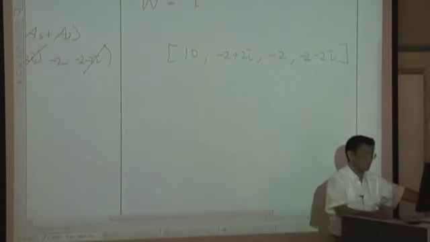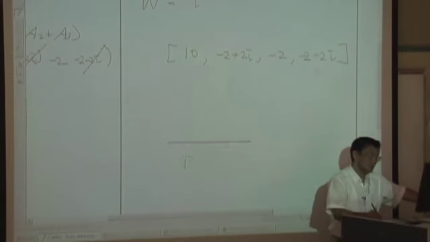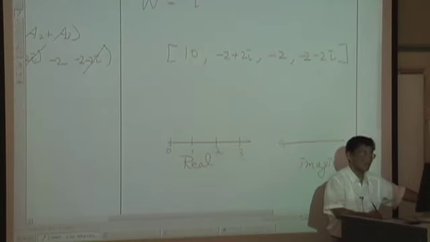And now we will have the spectrum: the real part spectrum, and then the imaginary part spectrum. The real part spectrum has frequency 0, frequency 1, frequency 2, frequency 3, right? The same thing, frequency 0, frequency 1, frequency 2, frequency 3. Do you follow me? And then frequency 0 has 10. Frequency 1 has negative 2.